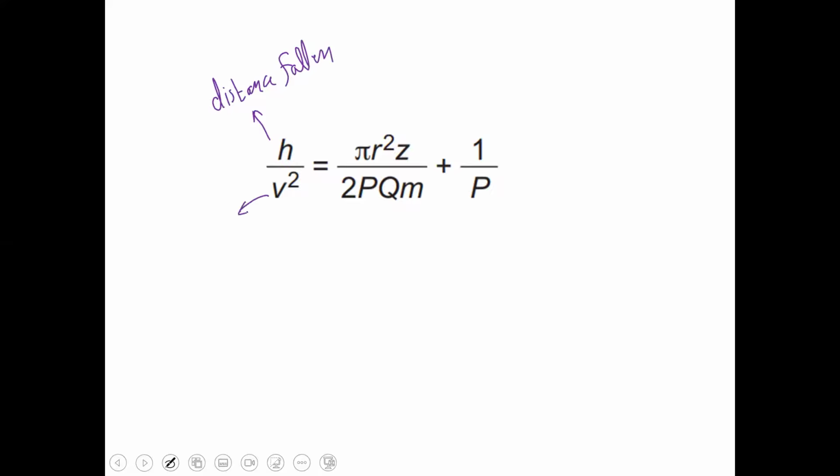What is V? V is the velocity of the block at H distance. Now, what is P?